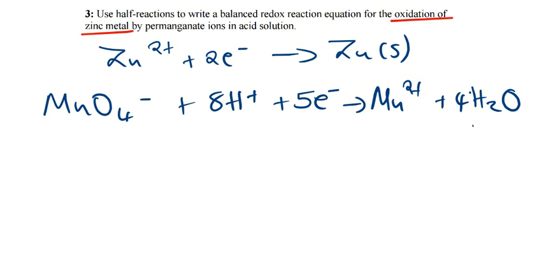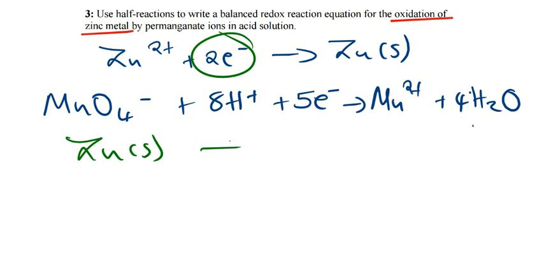So the fact that zinc was being oxidized, the electrons were being lost. So loss of electrons appears on the product side. So we have to reverse it. Zinc solid, and then zinc 2 plus ions, an indication that it has been oxidized due to an increase in the oxidation number, plus 2 electrons.